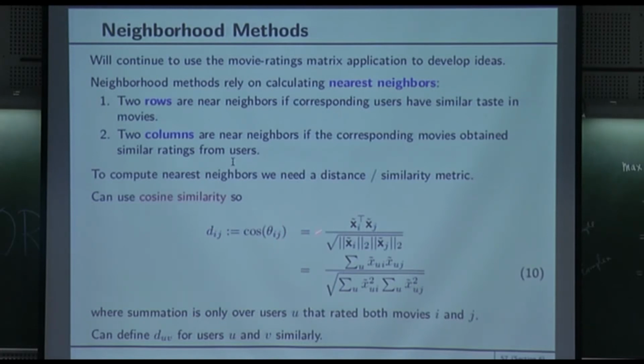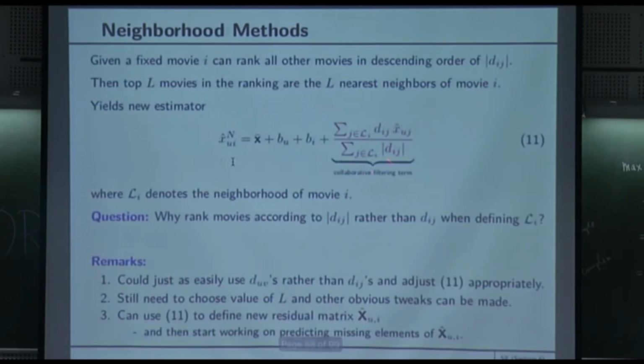If the angle happens to be greater than 90 degrees or less than minus 90 degrees, you'll get a number which is negative. So when you look at the distances, you look at the absolute value distances as opposed to the numerical distances D_ij.